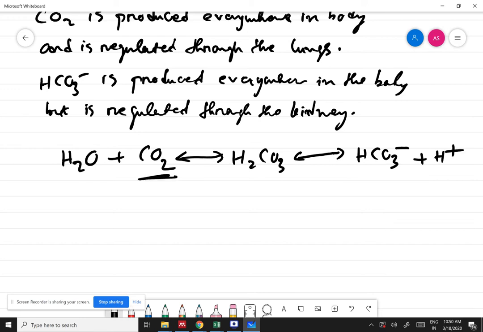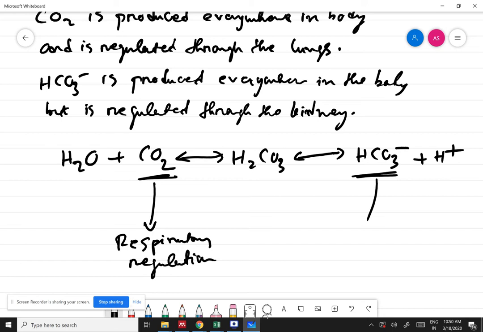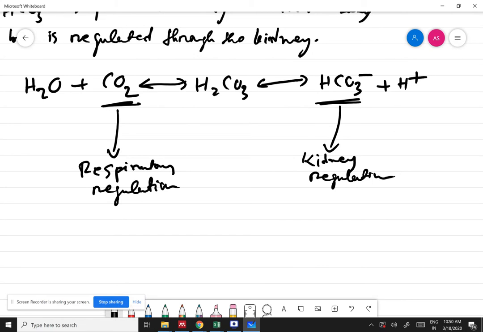Now CO2 has a respiratory regulation. If you breathe harder, you can remove a lot more carbon dioxide from the body, while the kidney can remove HCO3 minus. So this has a kidney regulation. Okay. So if H plus goes up, okay, so if PaCO2 goes up, you can see this relationship.